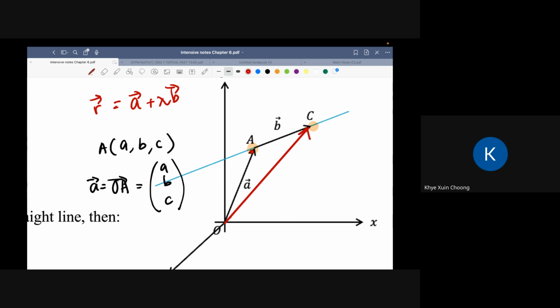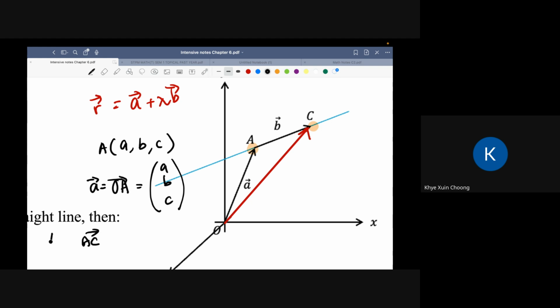If you want to find AC, you can think of C also as a position vector. You have AC, you have OA, you have OC. Finding AC is equivalent to moving from A to C. You can move straight from A to C, or equivalently move from A to O, then from O to C. If you move from A to O, then from O to C, you will get AC.